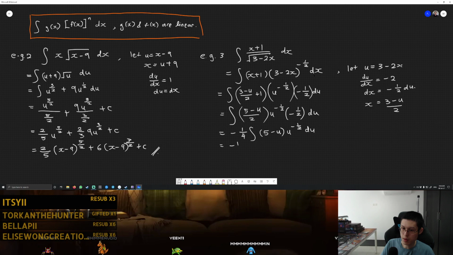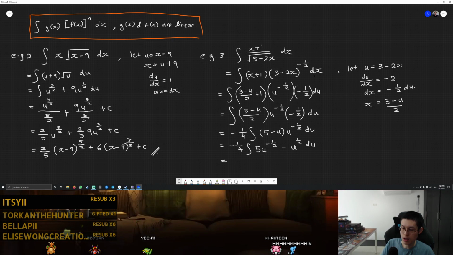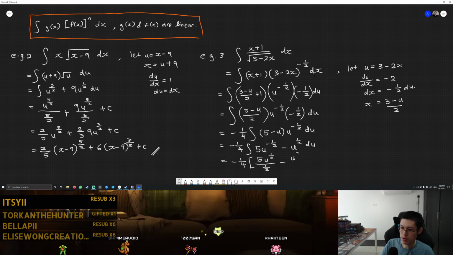And then we're going to expand this, which is going to give us 5u^(-1/2) minus u^(1/2). Okay, and now we can integrate them separately, which is going to give us 5u^(1/2) over 1/2 minus u^(3/2) over 3/2 plus c.